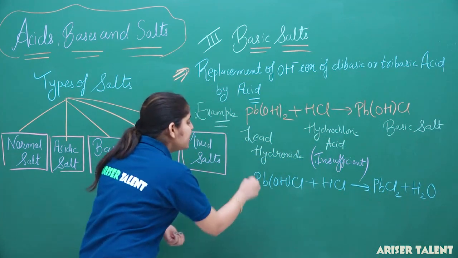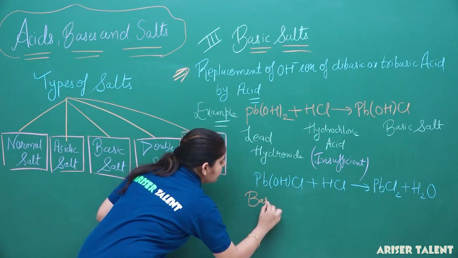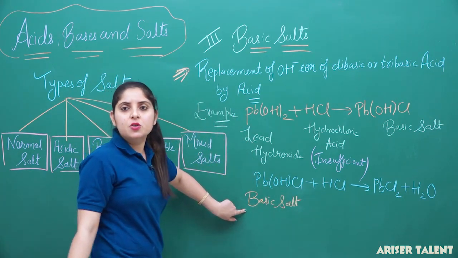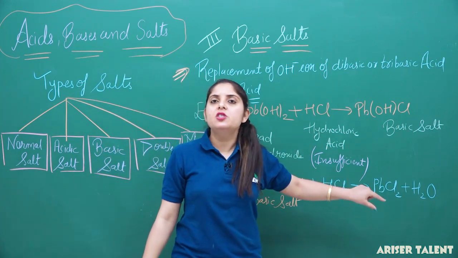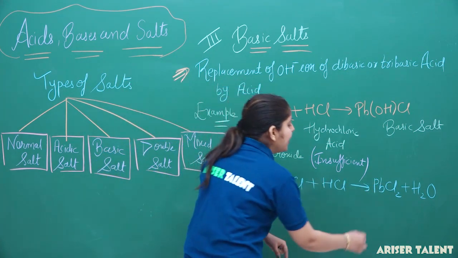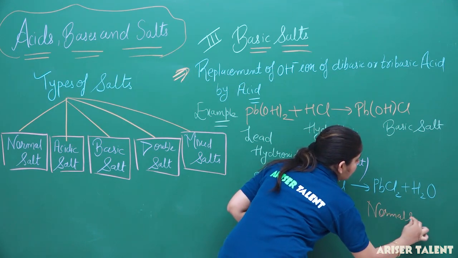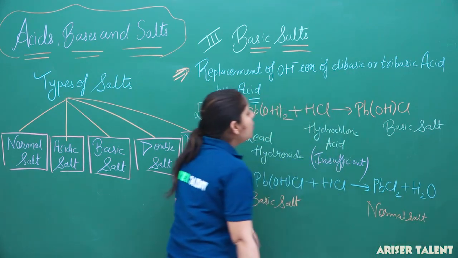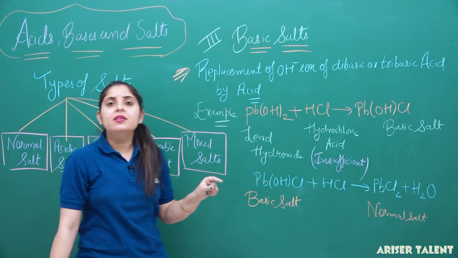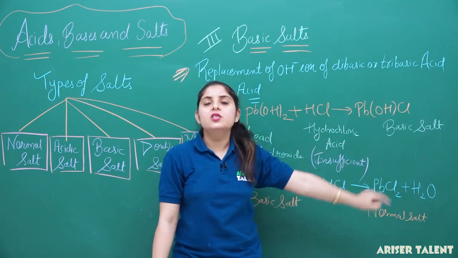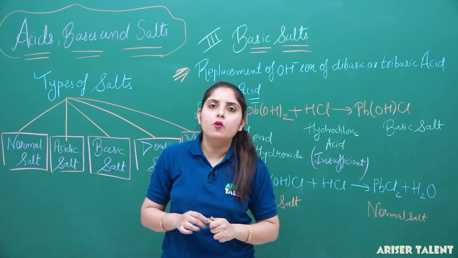After heating the basic salt again in the presence of hydrochloric acid, we are getting our normal salt. You can see here there is a replacement of the OH minus ion, so we can categorize it in the category of the basic salt.